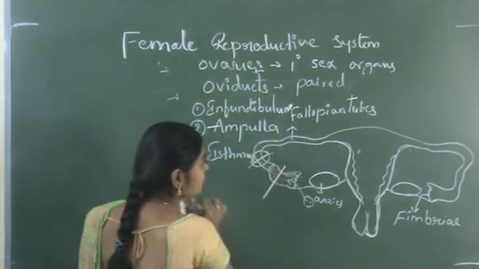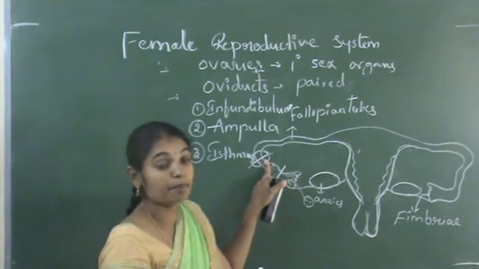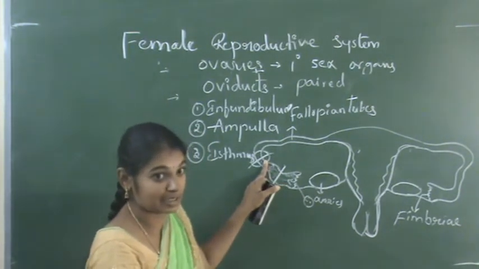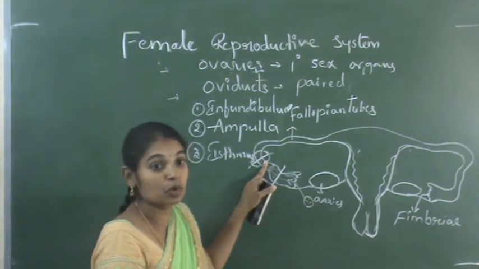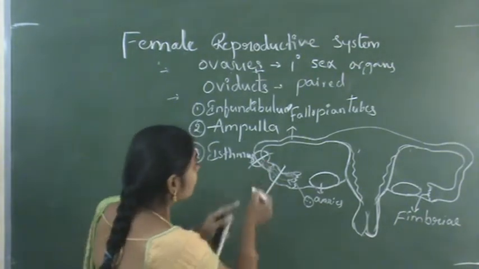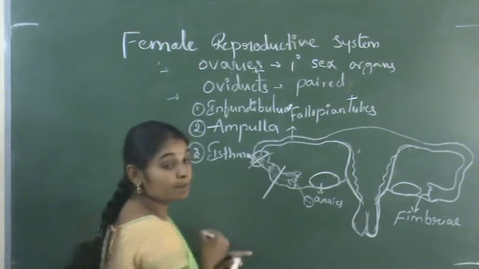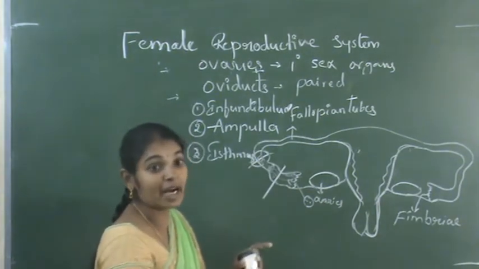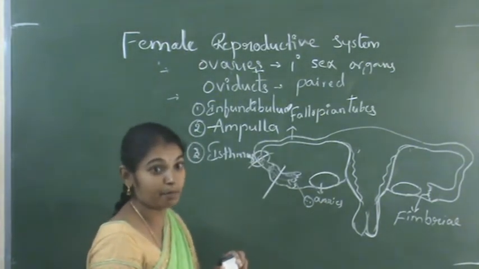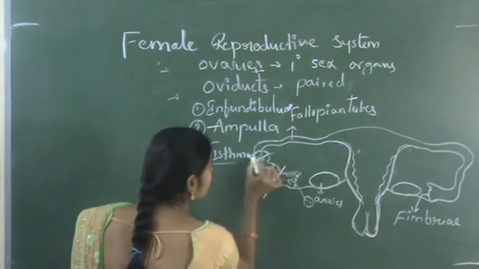So here the fertilization takes place, and the zygote and early embryonic development take place in the isthmus.